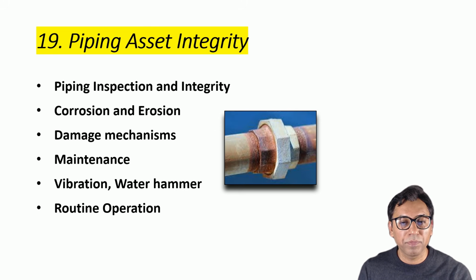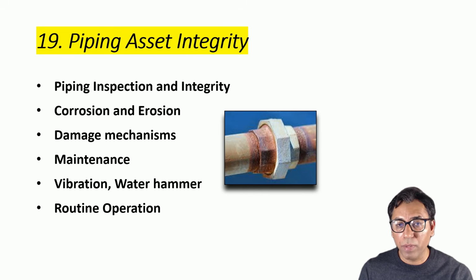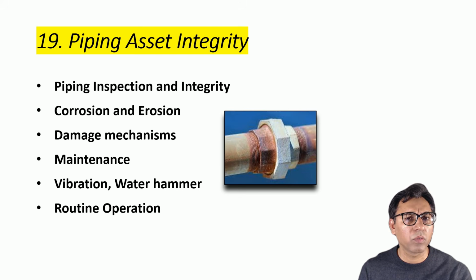So if it's a coastal area or a harsh environment, that should also be considered in the piping design. Our design should be compatible with maintenance, routine inspection, and operation requirements.